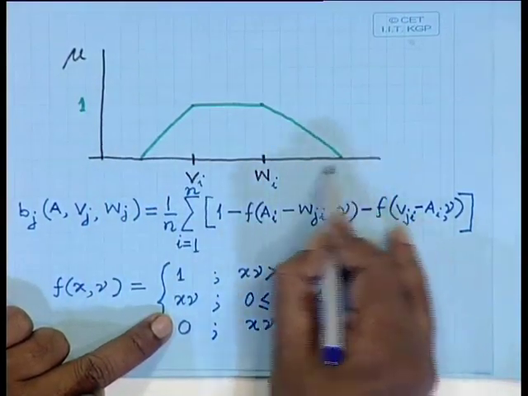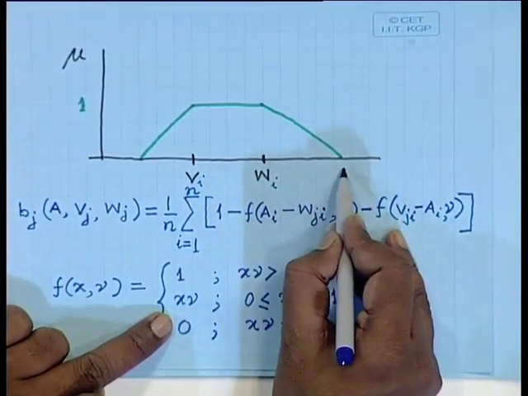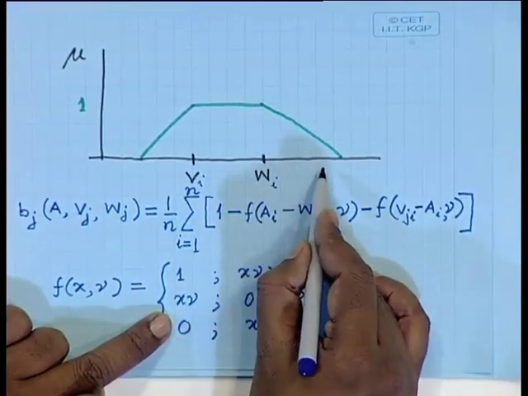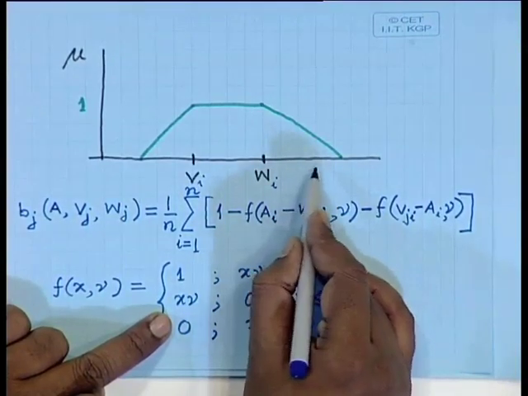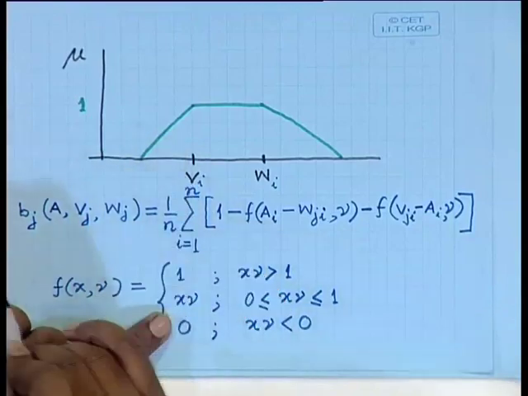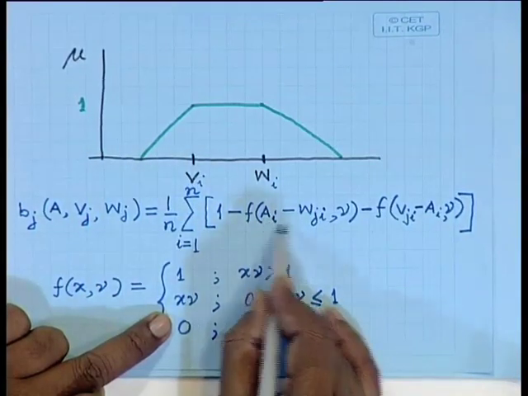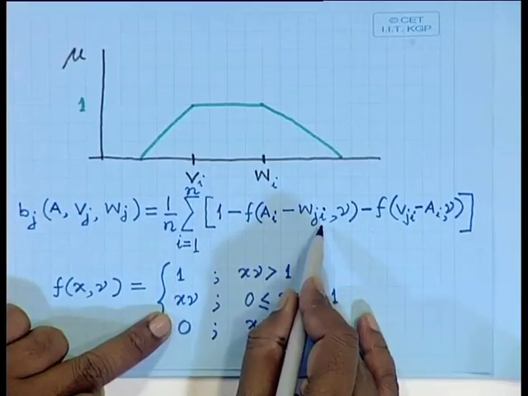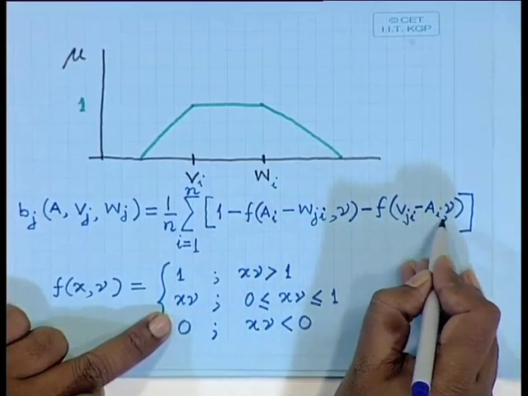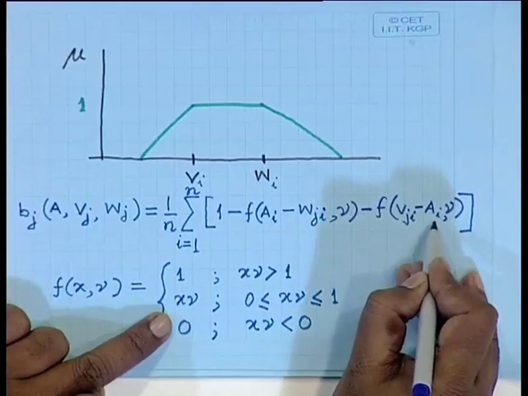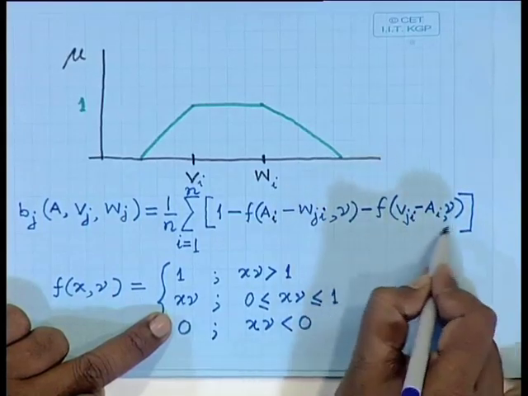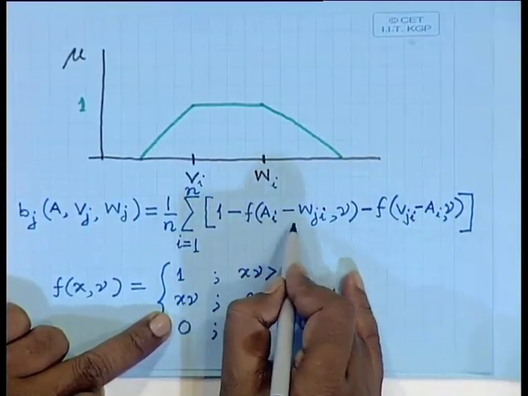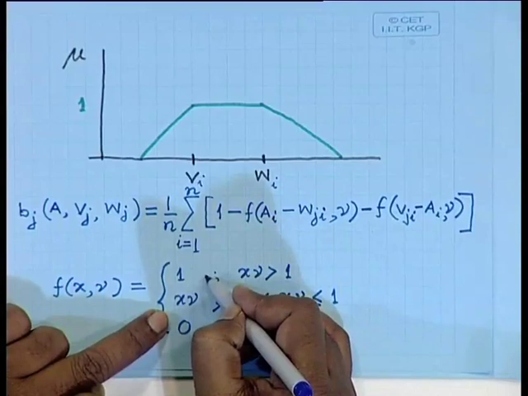Similarly, if the point falls to the right of W_i, that means a_i is greater than W_i, and a_i is also greater than V_i. So, a_i minus w_ji will be positive, whereas v_ji minus a_i will be negative. As this term is negative, this functional value will be equal to 0. The other functional value will be either this or this.